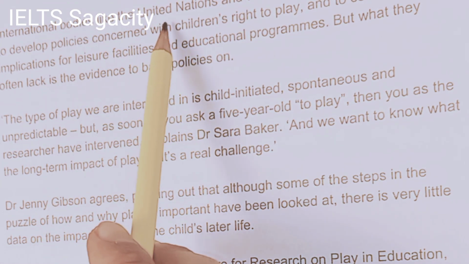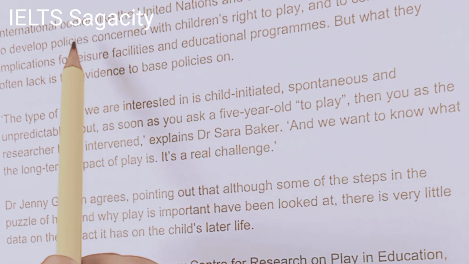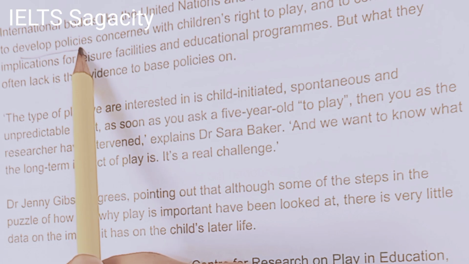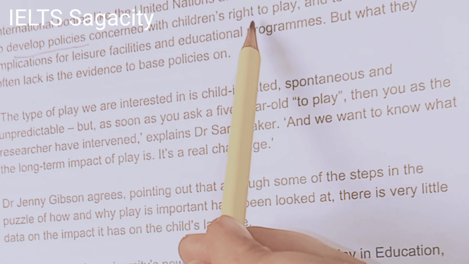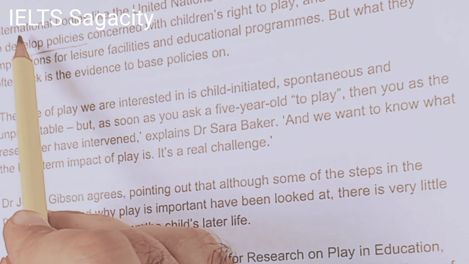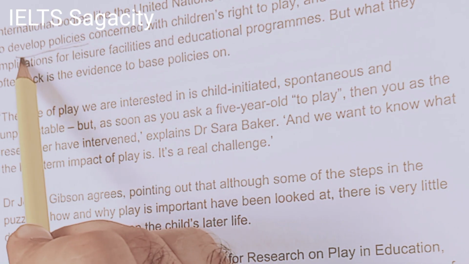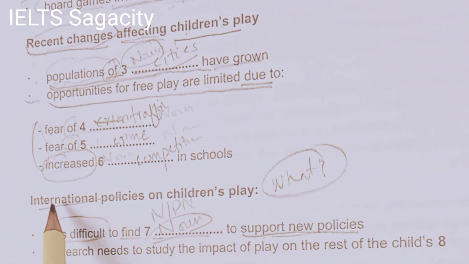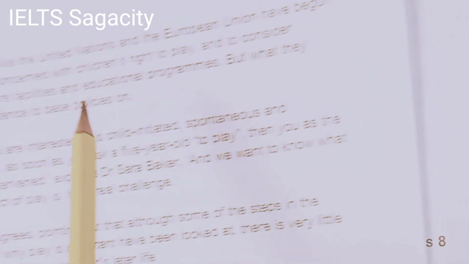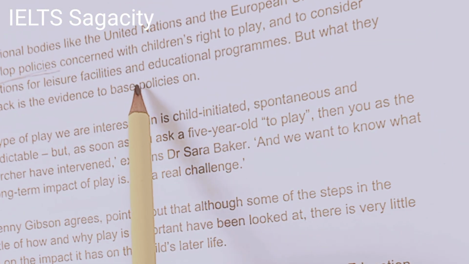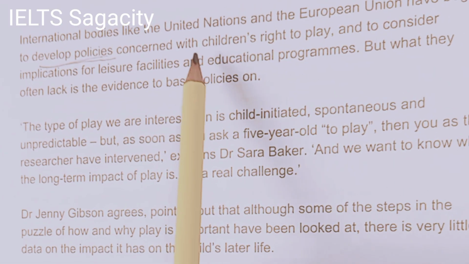So international bodies like the United Nations and the European Union have begun to develop policies, so that is international policies concerned with children's right to play and to consider implications for leisure. So develop policies. So it has something to do with policies. So what is something difficult to find, which is not very easily achievable or discoverable, something which might be rare?